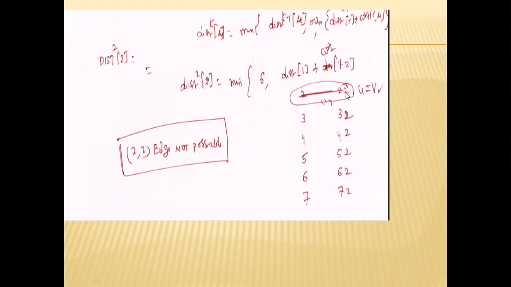So we are not calculating the distance for I equal to 2; here I equal to 1. There is no edge present for distance 2 comma 2, so the 2 comma 2 edge is not present. So we are now calculating for I equal to 2.